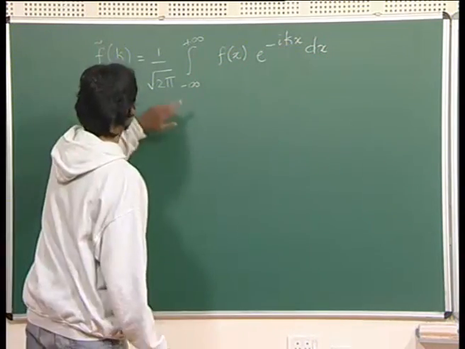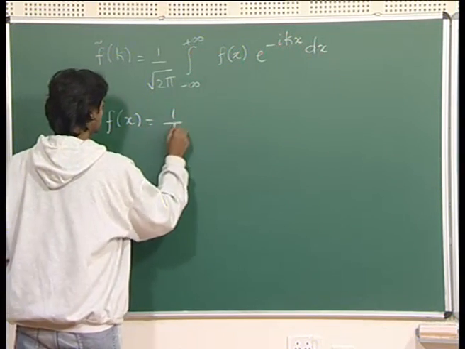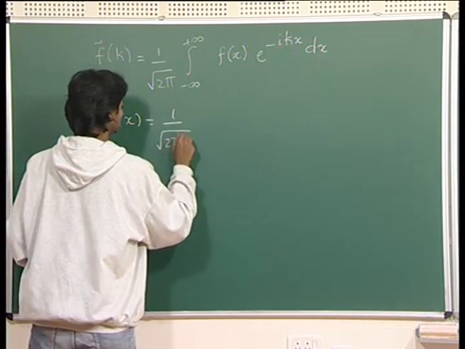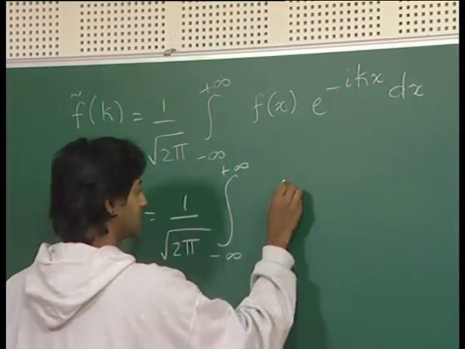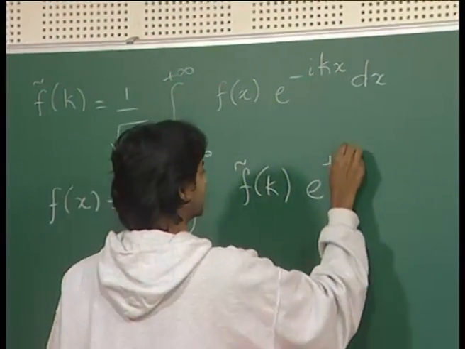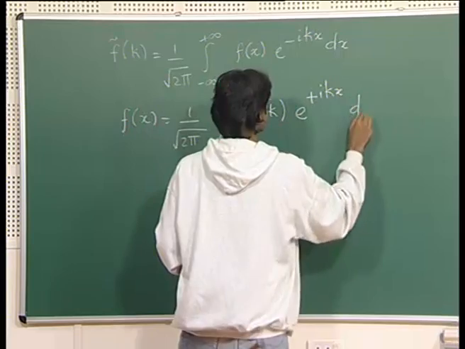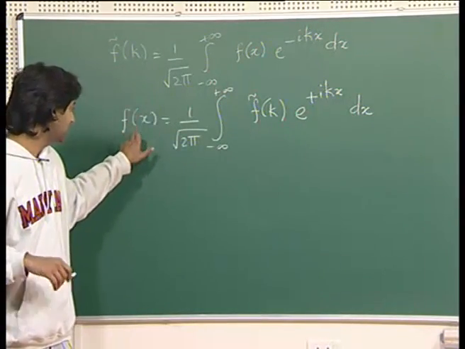If you had this expression, you could also write f of x equals 1 over root 2 pi times the integral from minus infinity to plus infinity of f tilde of k e to the plus i k x dk. So, we naturally like to think of this as an expansion.